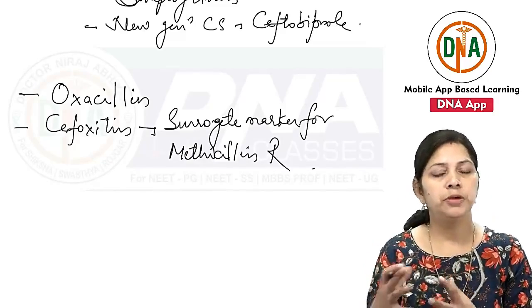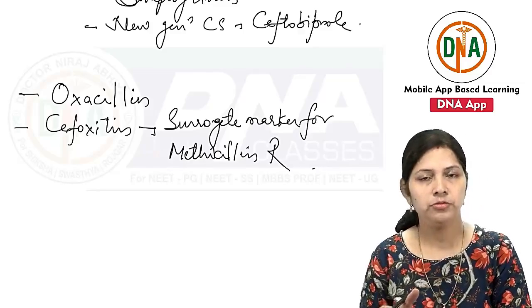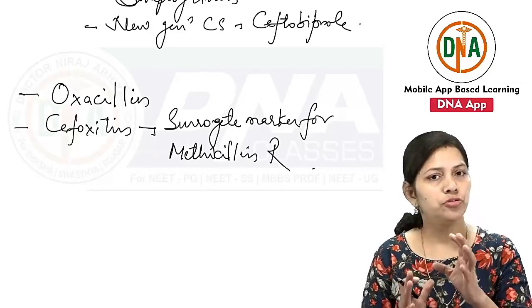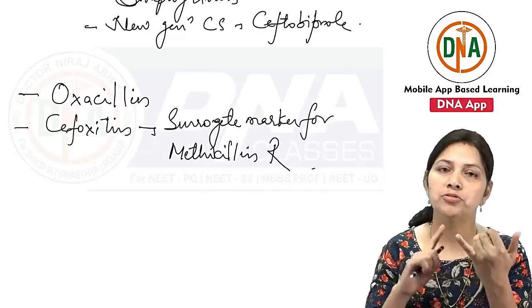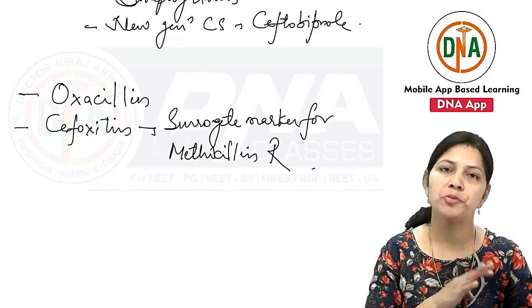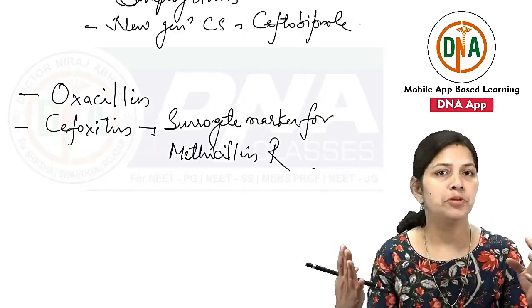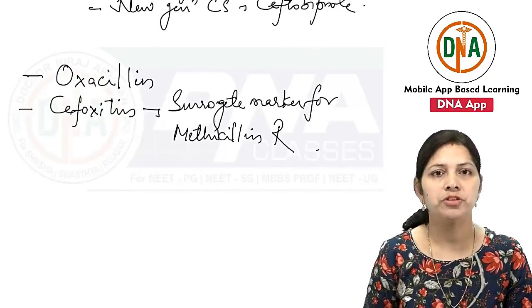Okay, so while performing the antibiotic susceptibility testing, we have to put the cefoxitin disc. If it is resistant, it shows that no beta lactam drugs, inhibitor combinations or penicillins will be active against this isolate, and we have to opt for higher drugs like linezolid, vancomycin, daptomycin, or other drugs for treatment of such type of infections.